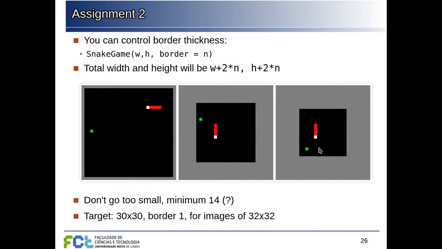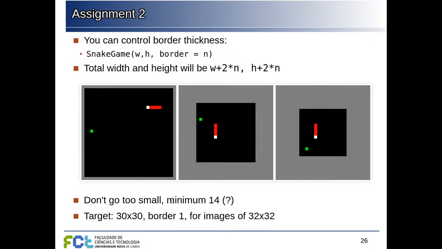So you can experiment with this if you want to try to improve the examples that you get or the training. Just don't try to go too small, because we need some space to set the tail of the snake at the beginning and the position of the food and so on.